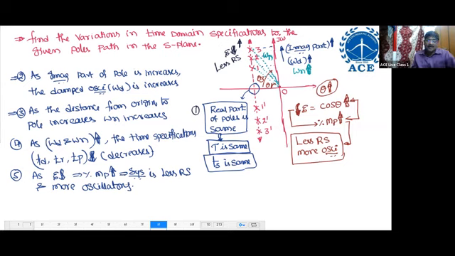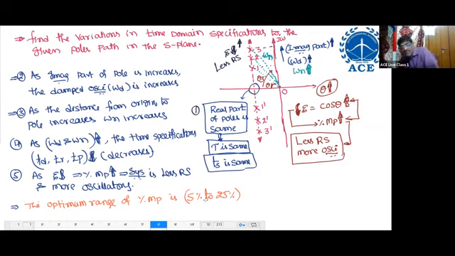Any more points? One more thing. The optimum range of percentage of peak overshoot is 5% to 25%.